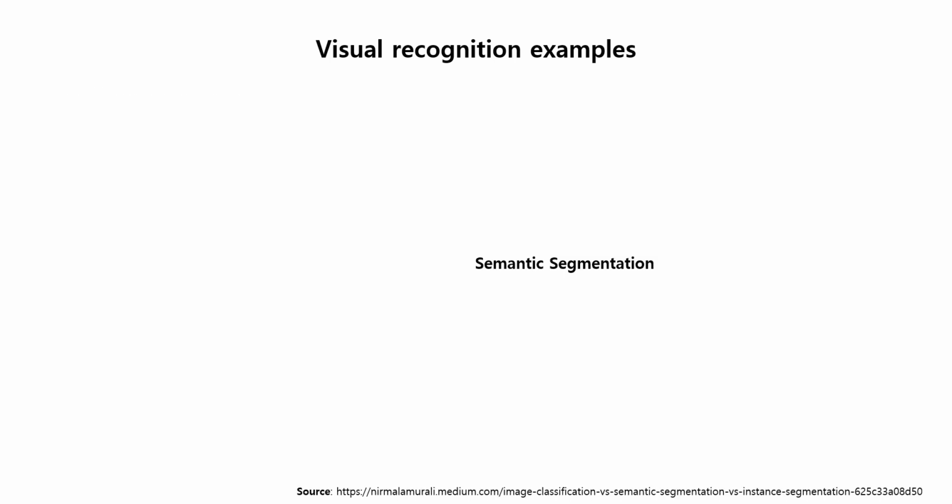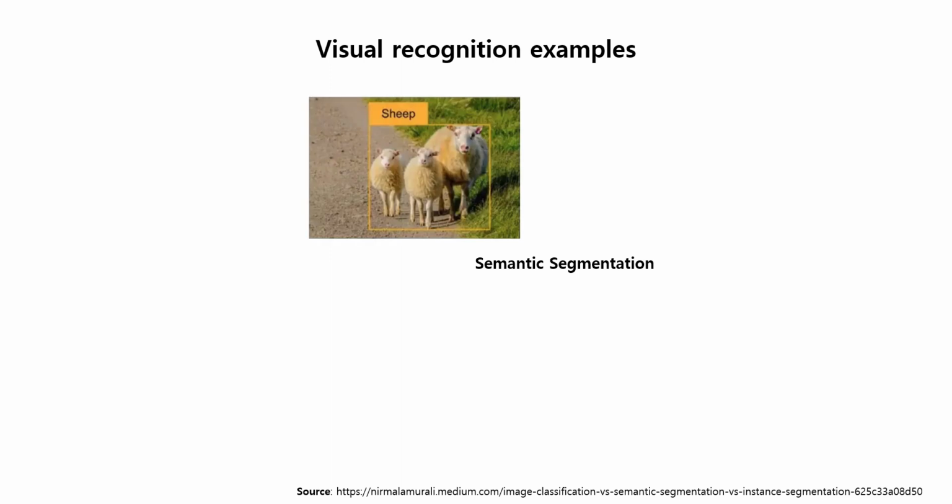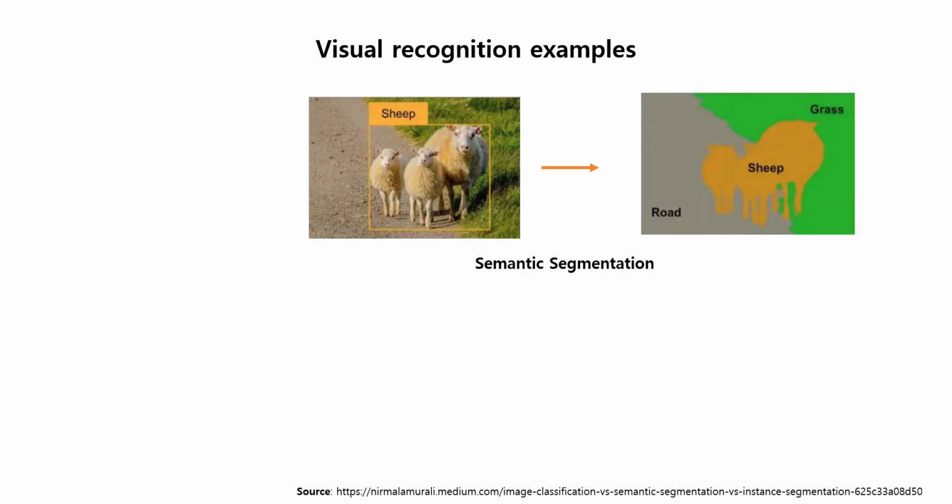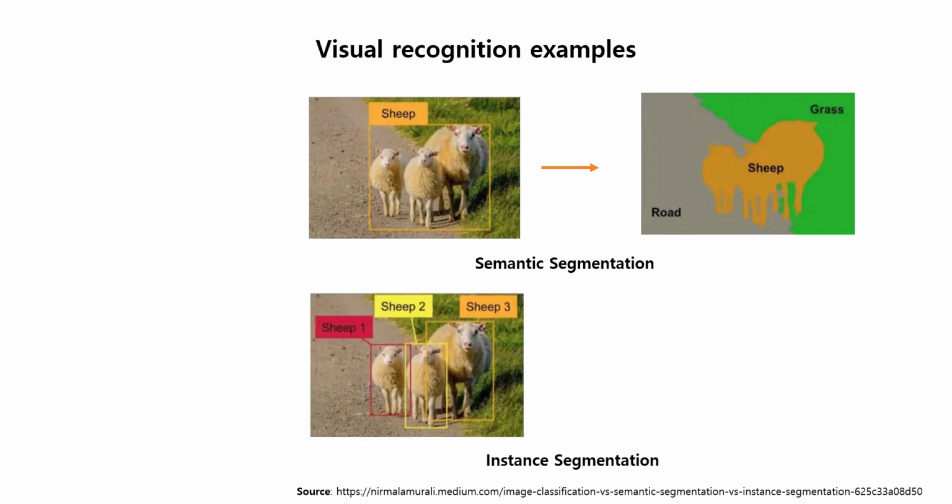If you do semantic segmentation, given an image of shape, it's going to transform the image to the right image, which has three classes of road, shape, and grass, and each pixel in the image is mapped to one of these classes that it belongs to.